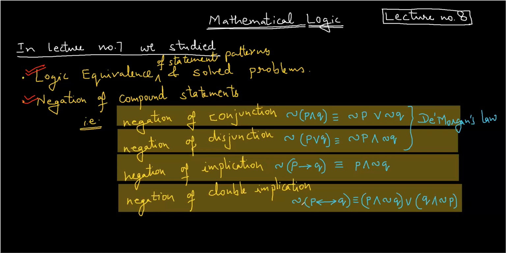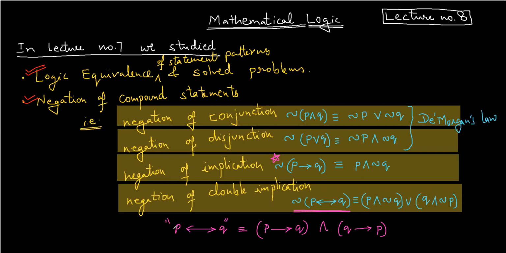For this, what trick had I suggested? If you want to remember the negation of P if and only if Q, you should first remember the negation of if P then Q, because P if and only if Q is nothing but P implies Q and Q implies P. It is a double implication.